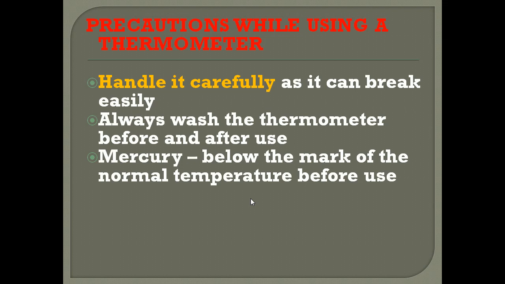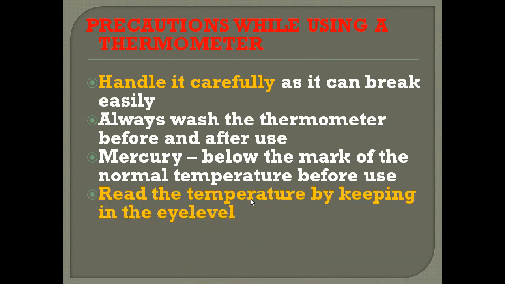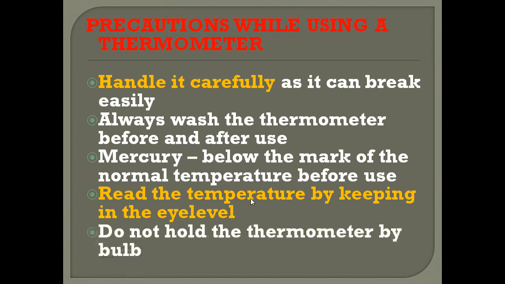Always make sure that mercury is below the mark of the normal temperature before use. Read the temperature by keeping it at eye level. Do not hold the thermometer by the bulb. These are some of the precautions we have to take while using a thermometer.